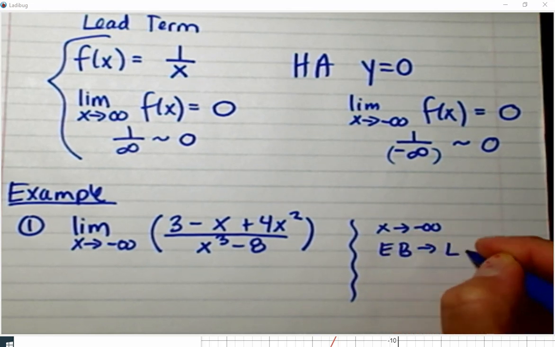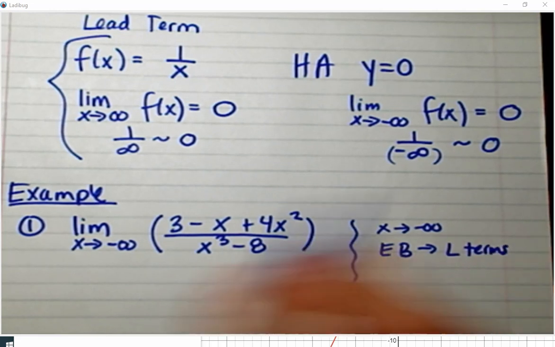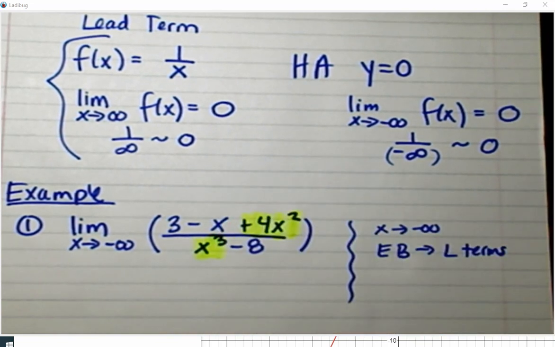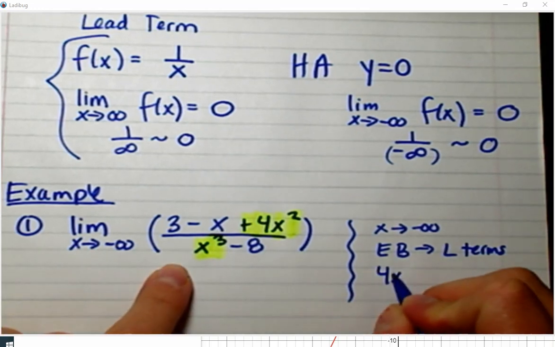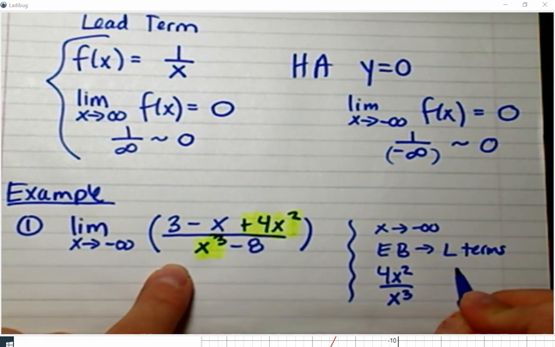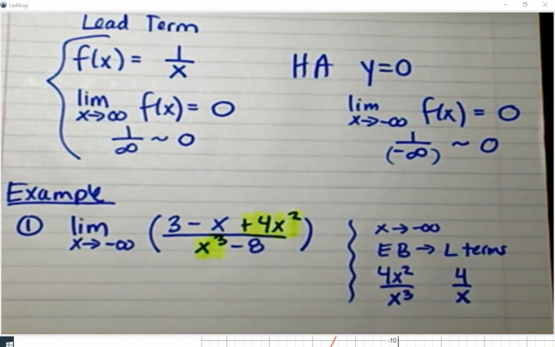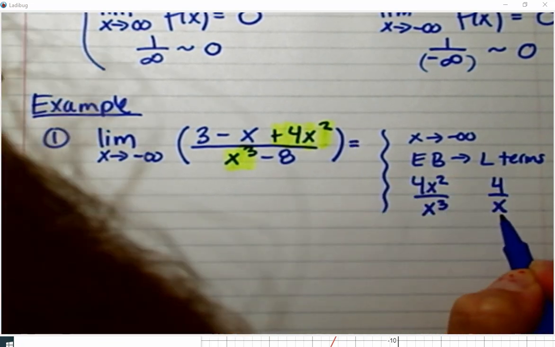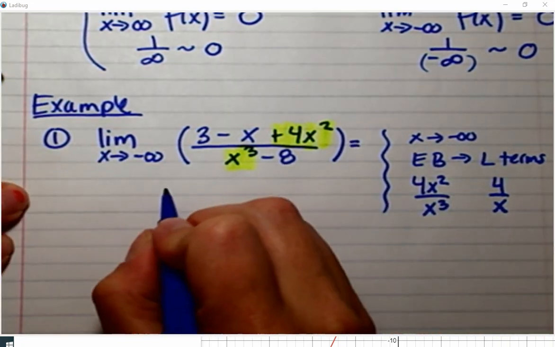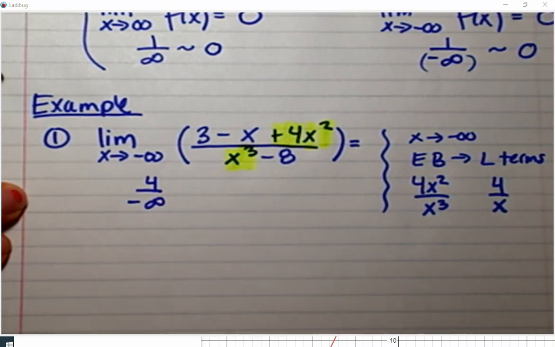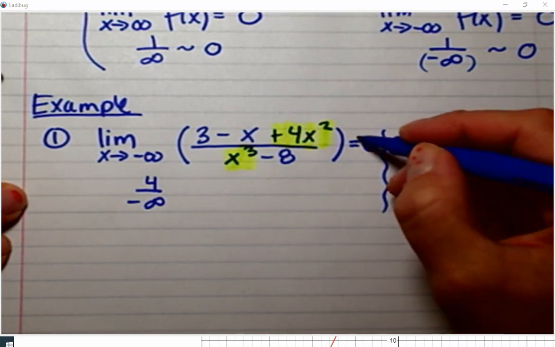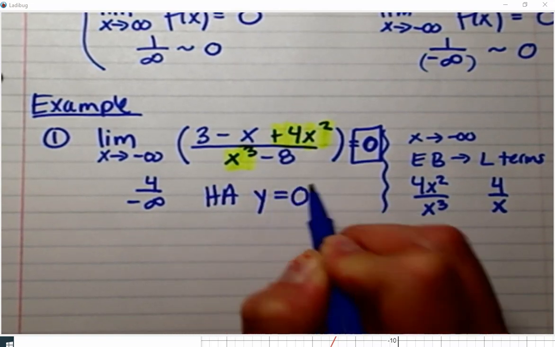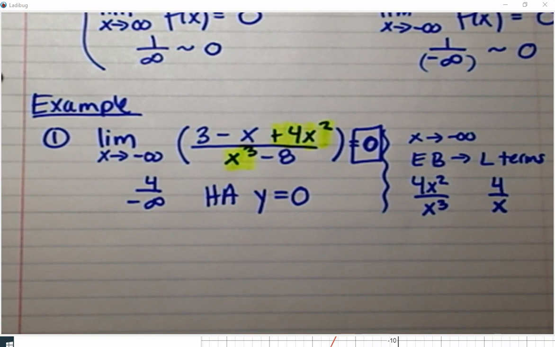End behavior takes me to the leading terms. Okay, so I'm going to put my leading terms out here. Maybe I forget what category I'm in, right? Bottom heavy, top heavy, whatever. Okay, I check my terms out. And it reduces, oh, now I remember, bottom heavy, 4 over x. That's bottom heavy. That means the answer, okay, you can even think about it, okay? What happens if you plug in negative infinity? Basically 0. That is what happens. What does that mean graphically? It means that graphically you have a horizontal asymptote at y equals 0. That's what it means.